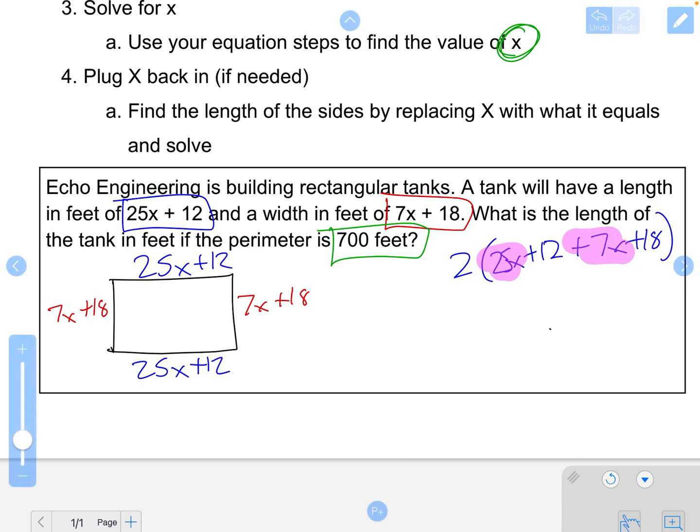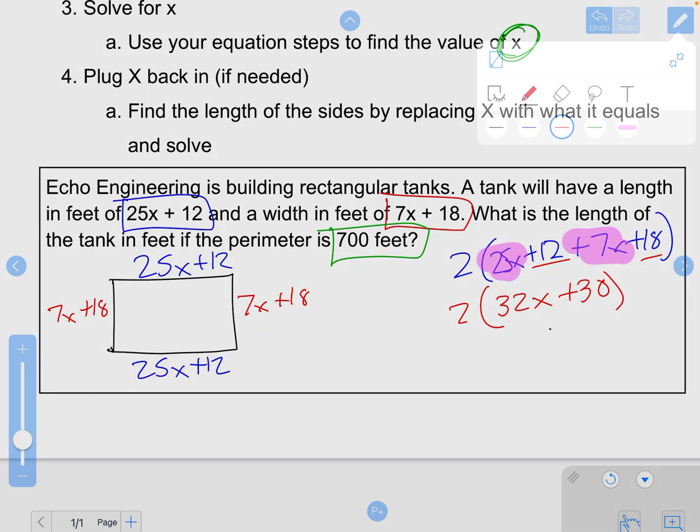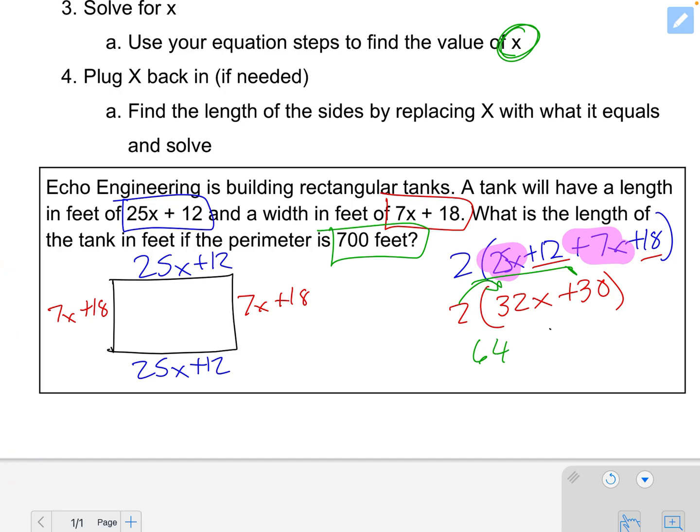I have 25x and 7x. So 2 times 32x, and then I need to combine my constants, which 12 and 18 is 30. And so next I would need to distribute my 2 all the way through. So 64x plus 60, again, equals 700. So no matter which way you do this, we should always get the same thing.